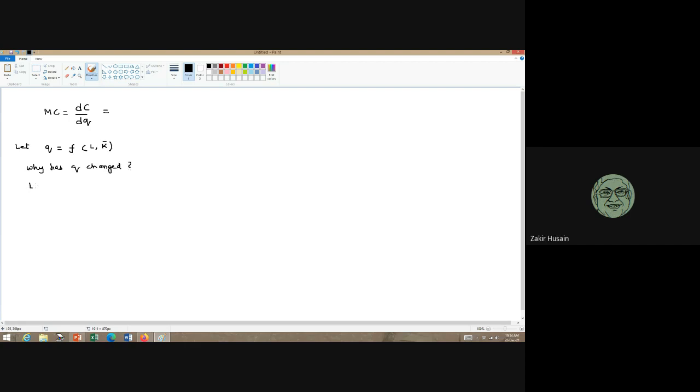The reason is L has changed. Okay. So if L has changed, you can set up a flow chart. If L changes, then Q will change. And as a result of this L change, cost will also change. Okay.